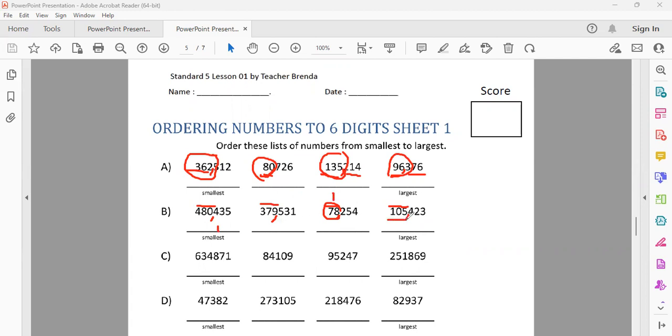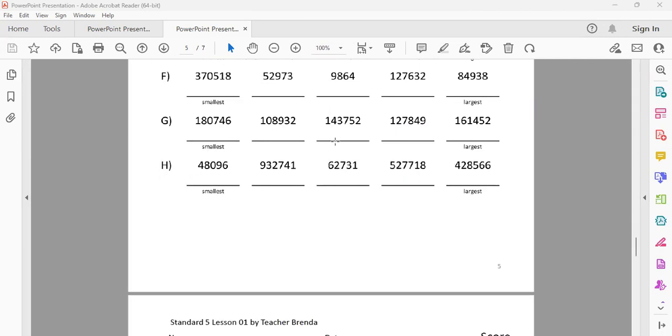And followed by 105,000, 379,000, 480,000. Of course, you have to write the full number. But understanding it comes from your knowledge of place value and your ability to read the number. Put them in correct place values and read them fast and understand which is bigger, which is smaller, by just comparing the house of thousands. So that's how you complete page 5 on your module.